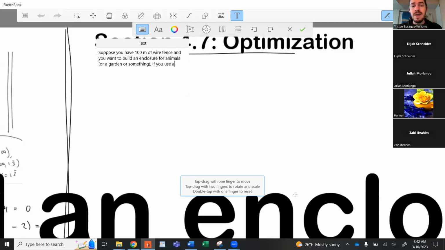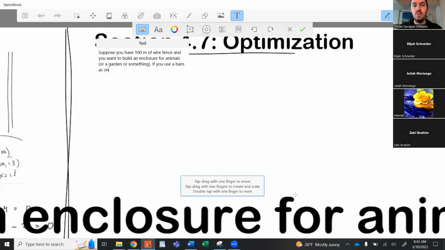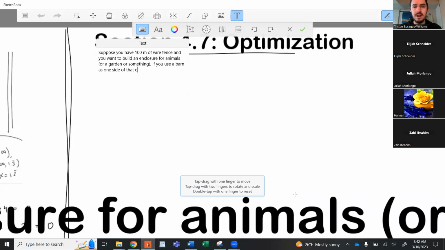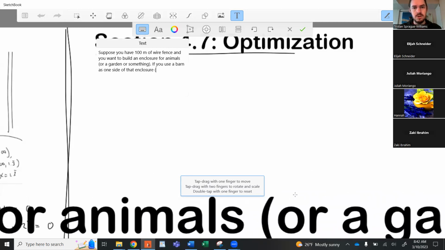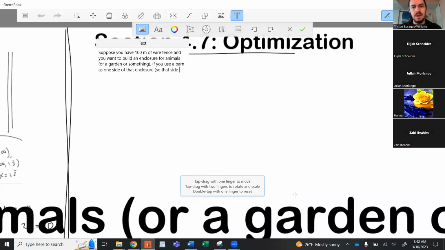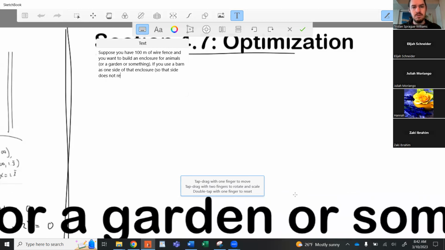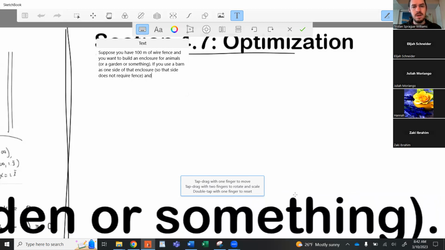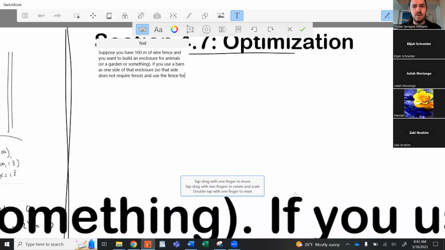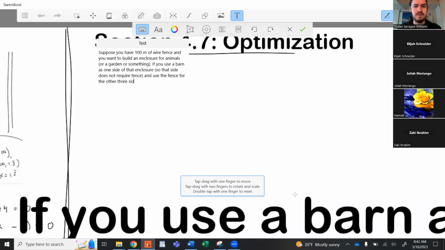If you use a barn as one side of that enclosure, so that side does not require fence, and use the fence for the other 3 sides.